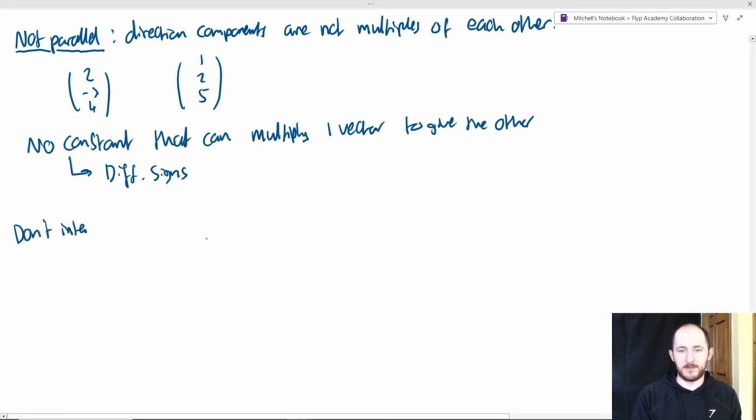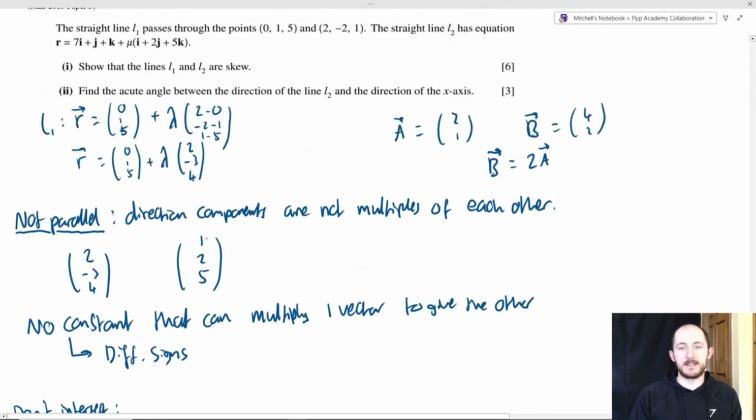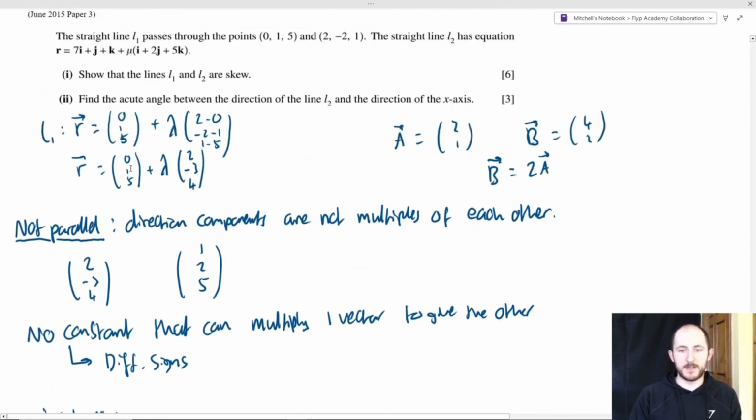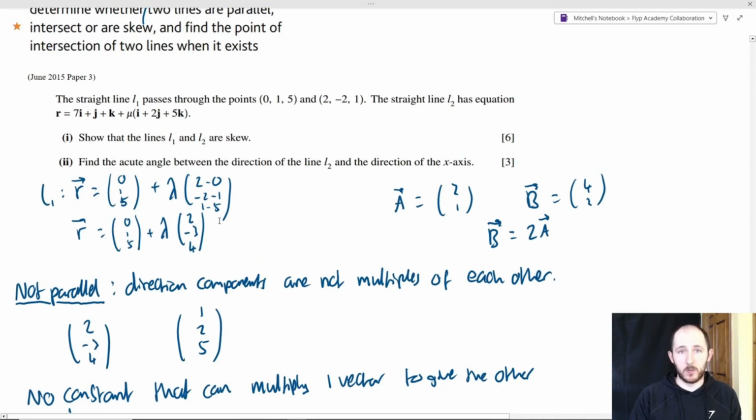This is going to be quite beefy. So, don't intersect. What we need to do, for them to intersect, the actual components themselves need to be equal, right? So 0 plus 2 lambda should equal 7 plus mu, right?